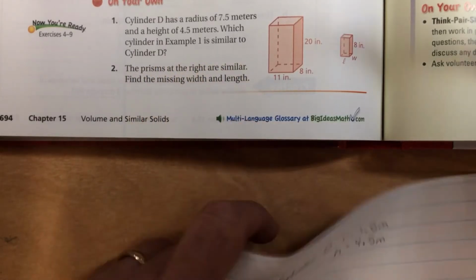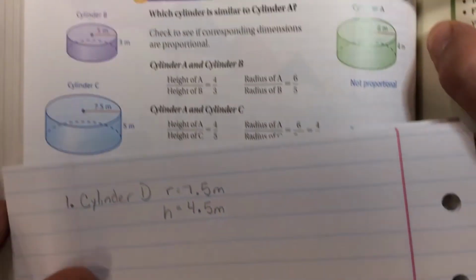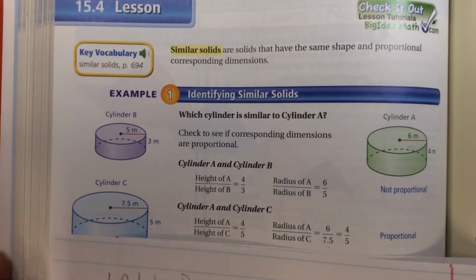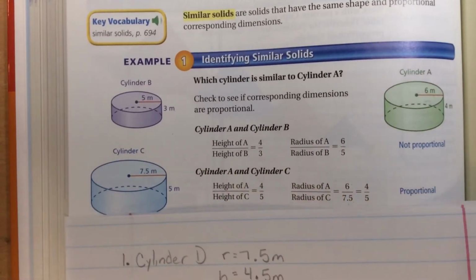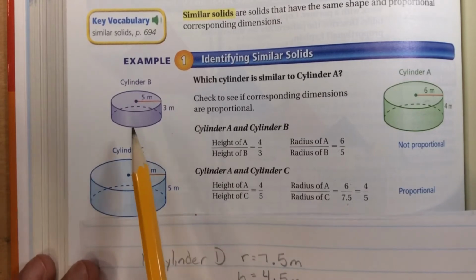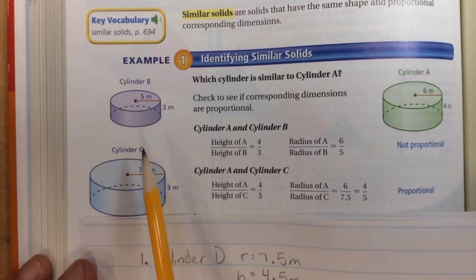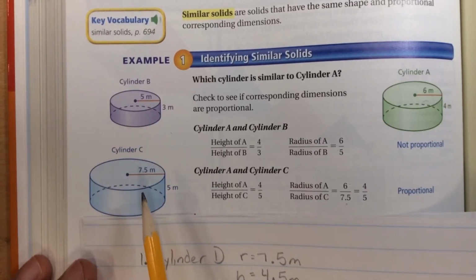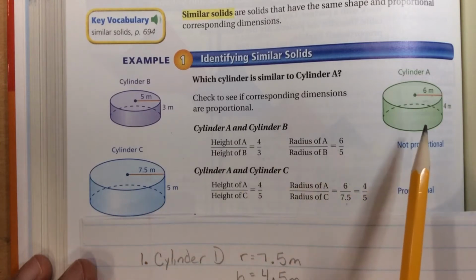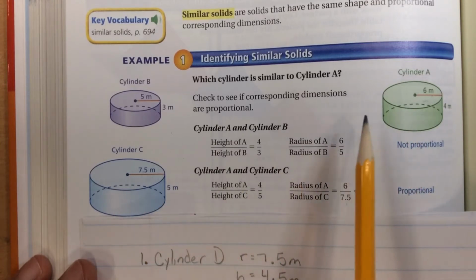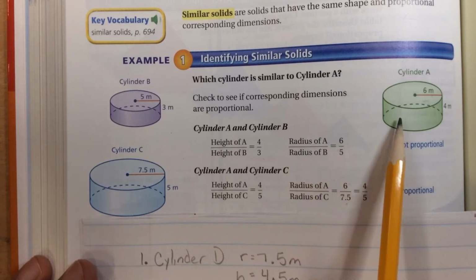So I'll take these dimensions and we'll take them back up here to example 1. And there were 3 cylinders here. Now, I'm going to try cylinder B, because if it were cylinder C, then it would also be similar to cylinder A, because these are 2 similar cylinders.